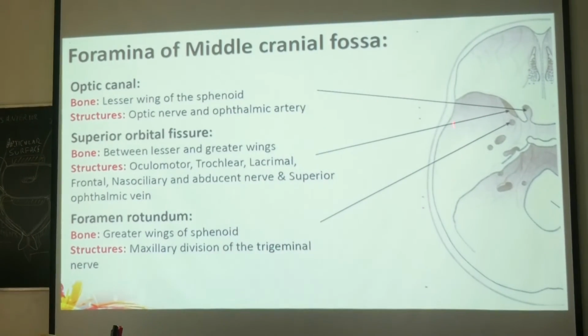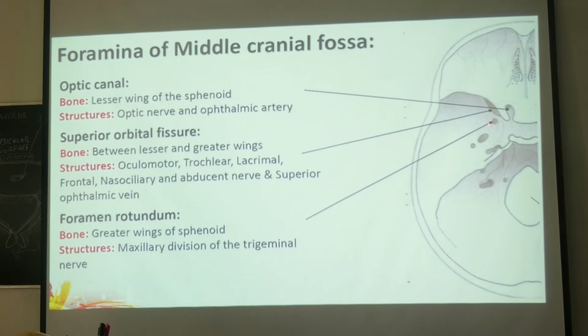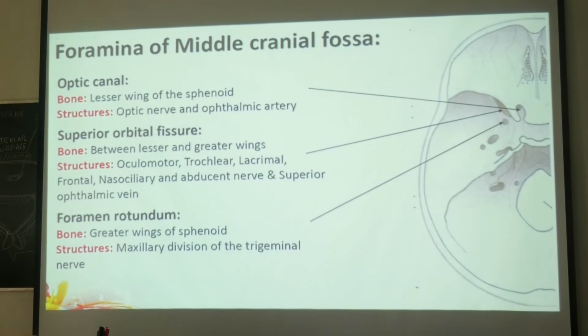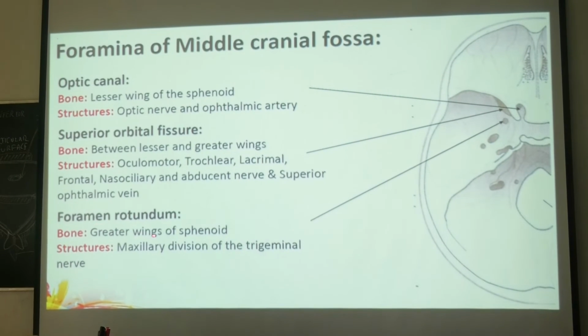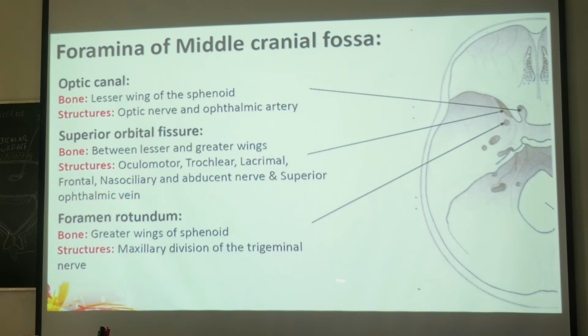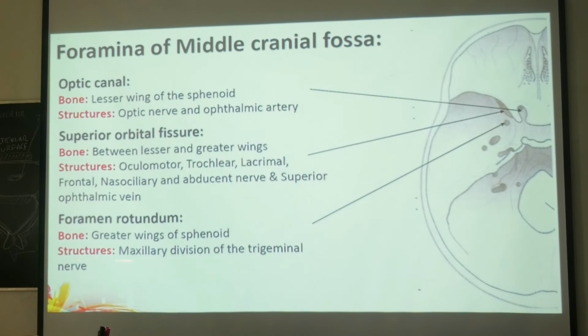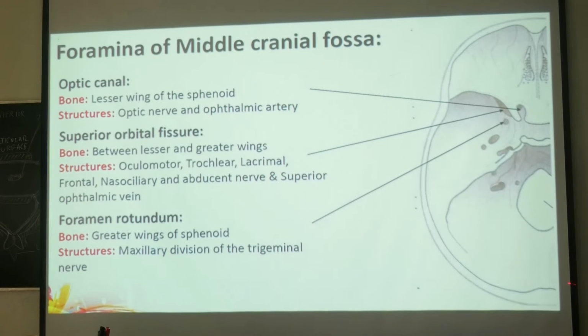Next is the foramen rotundum. Just posterior to the superior orbital fissure, this rounded foramen is the foramen rotundum, the round foramen. It lies in the greater wing of the sphenoid. What are the structures passing through it? The maxillary division of the trigeminal nerve.